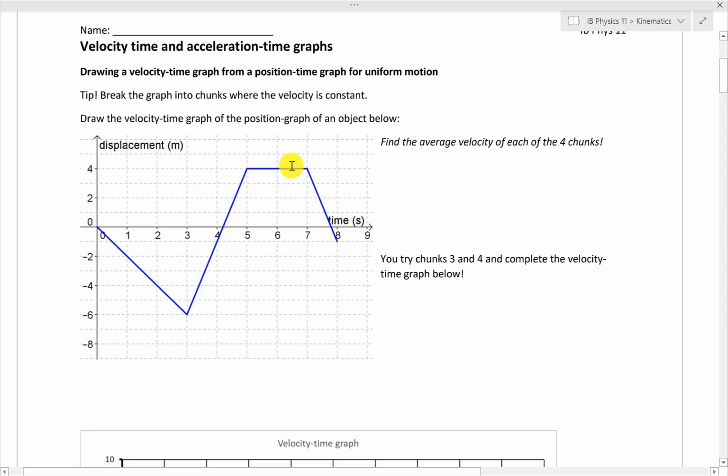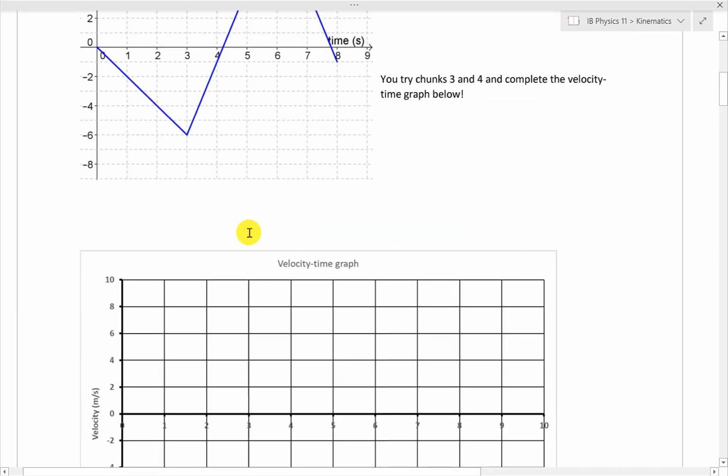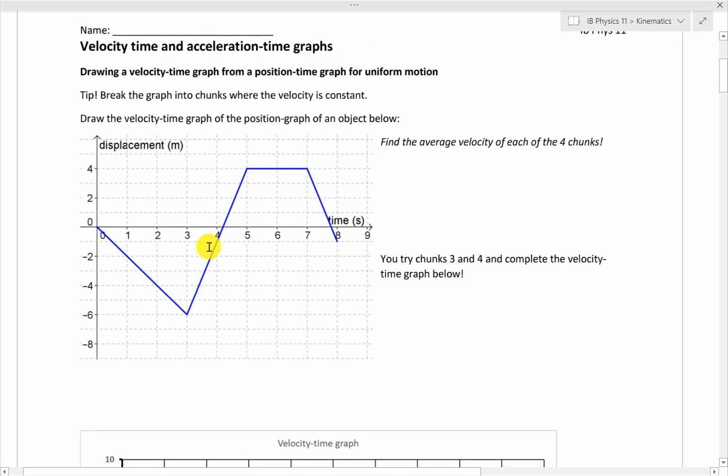Okay, so the first thing we want to do when we want to draw a velocity time graph is we need to know the velocities, right? And since the velocity changes, here is a tip: you might want to break your graph into chunks where the velocity is the same. So let's do that.